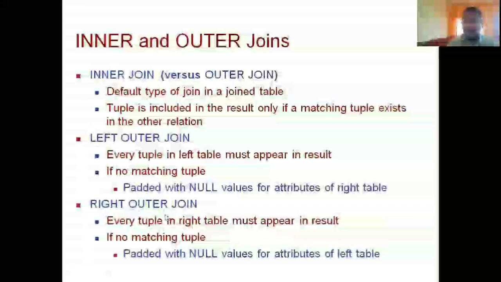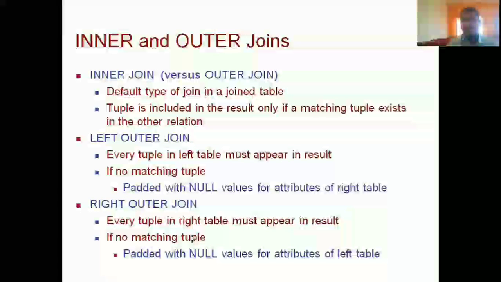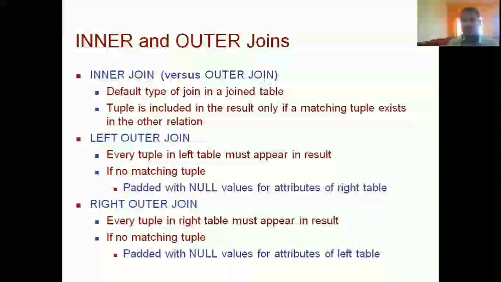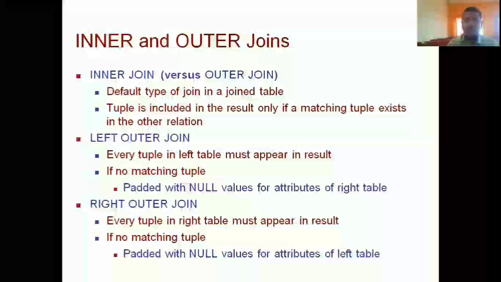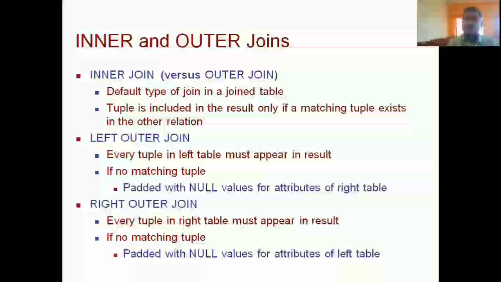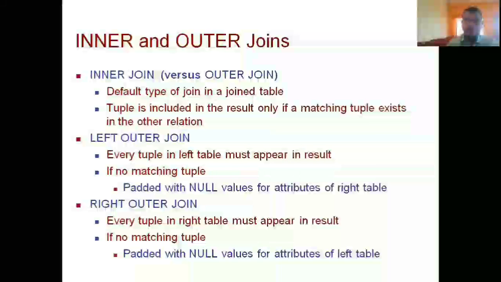Right outer join: every tuple in the right table must appear in the result. Here table 1 is fully dependent on table 2, or relation 1 on relation 2, for example a student relation and a staff relation. So every tuple in the right table must appear in the result, meaning the result is obtained from table 2 only, on the right side.